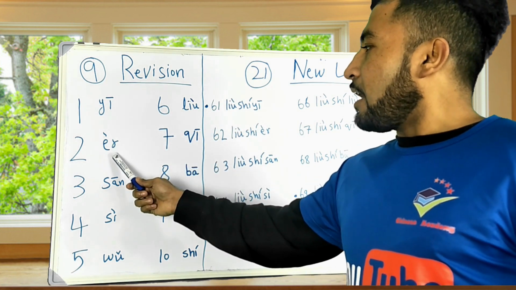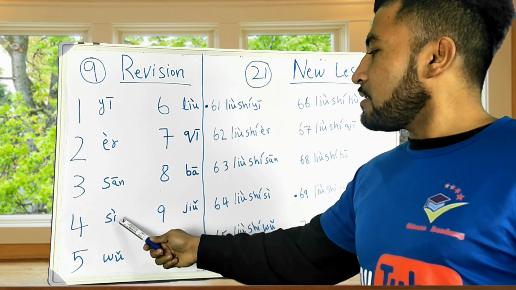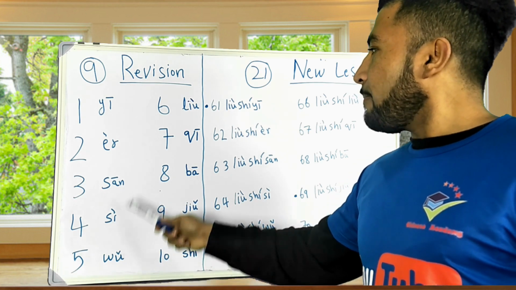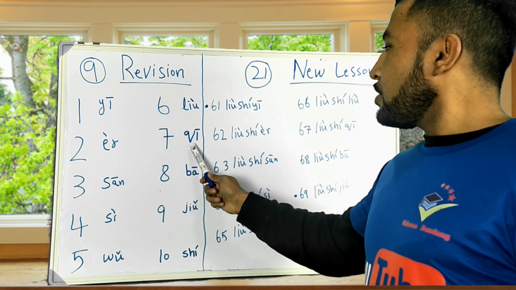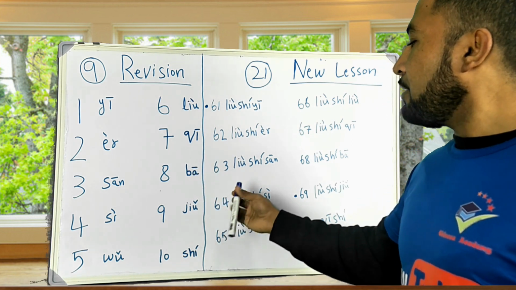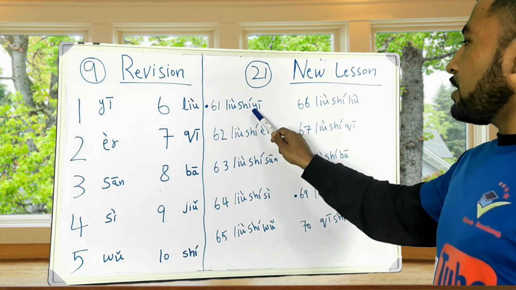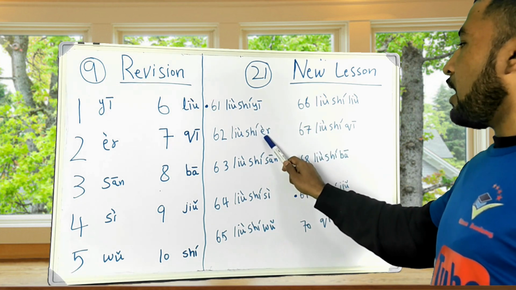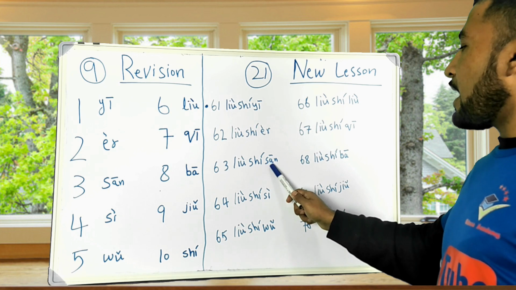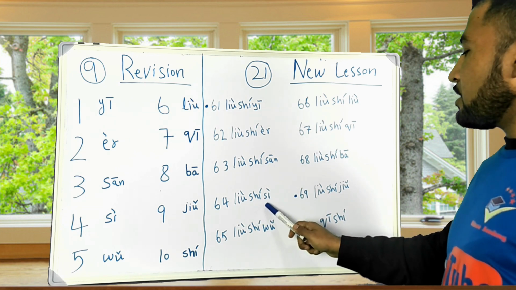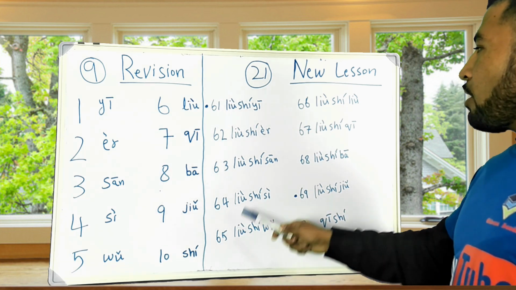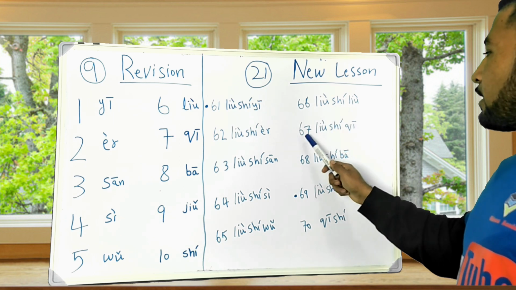1 2 3 4 5 6 7 8 9 10. 11 12 13 14 15 16 17 18 19.